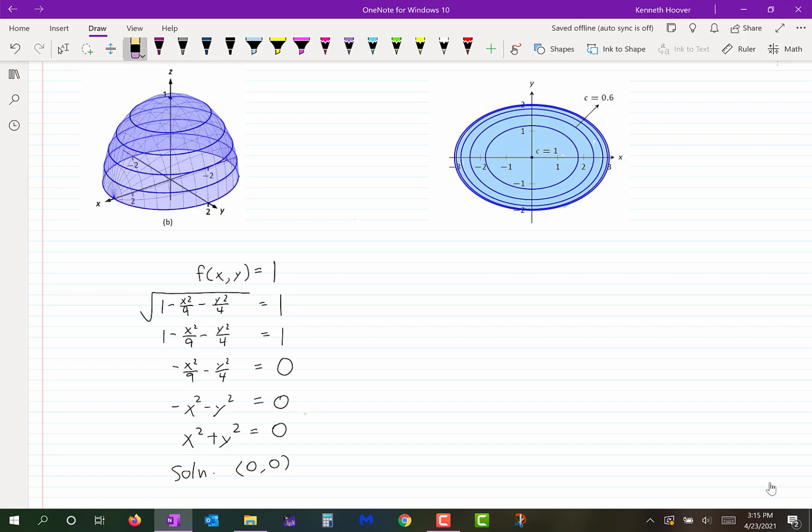Now, that next level curve just on the inside of that one, I don't honestly know what height that corresponds to. I can guess. I bet it's probably c equals 0.2, and that corresponds to this ellipse on the graph.